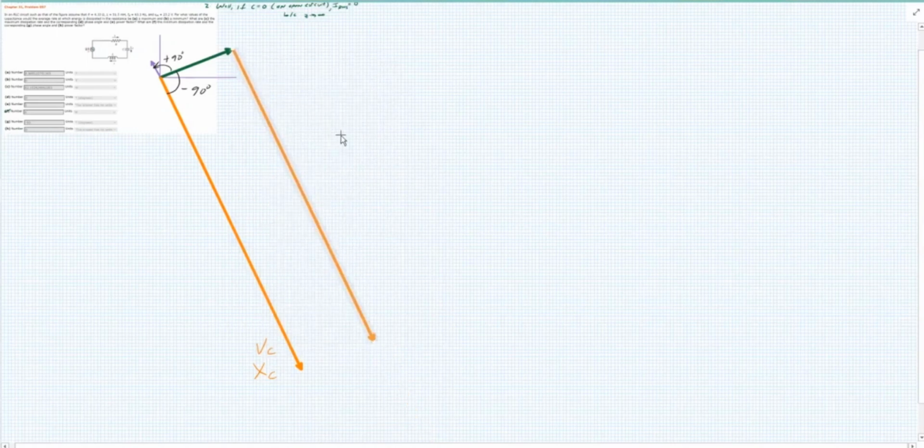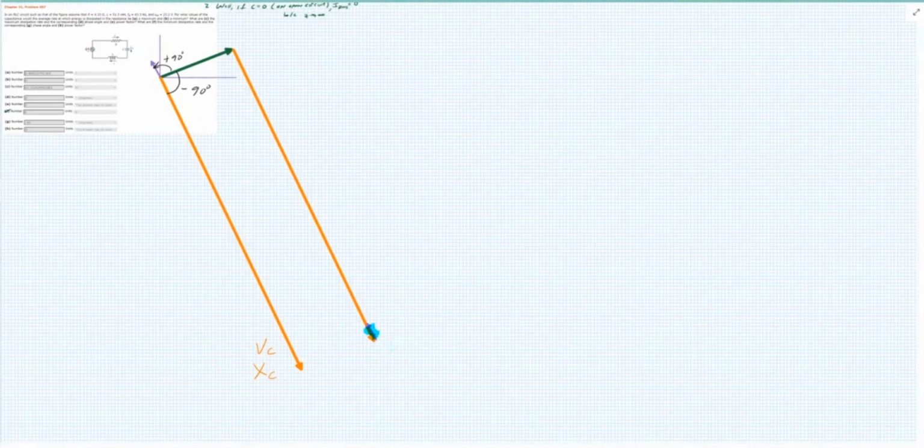Now, to be honest, this orange capacitive reactance is being offset by this inductive reactance. I'm going to copy and paste that, but it's still infinity. Because what happens if you take an infinitely long vector, like this orange vector, and offset it by this little teeny tiny contribution by the inductor? It's still infinitely long.